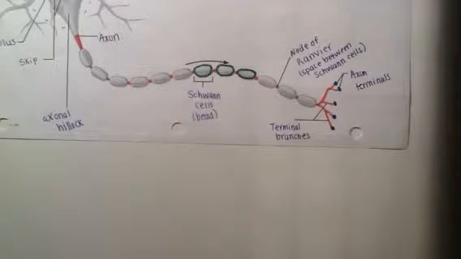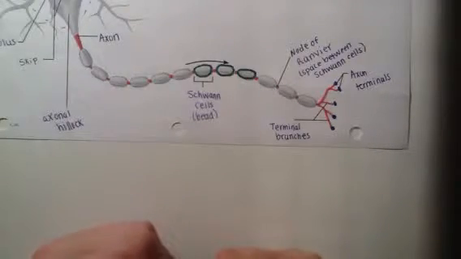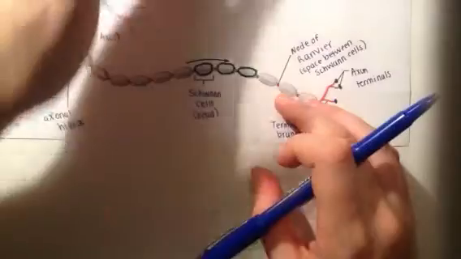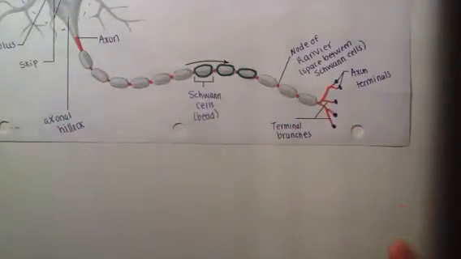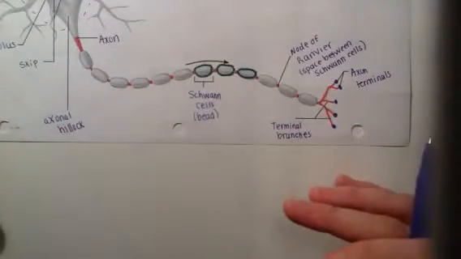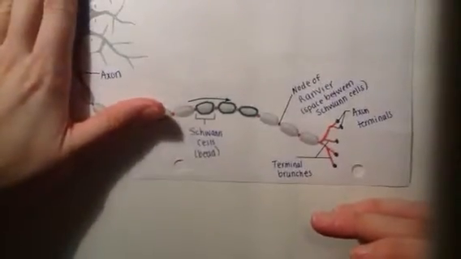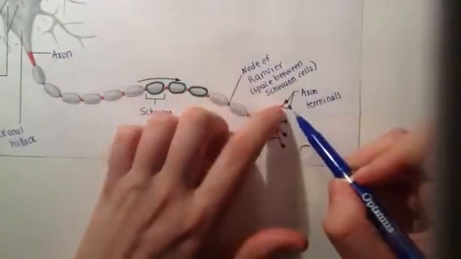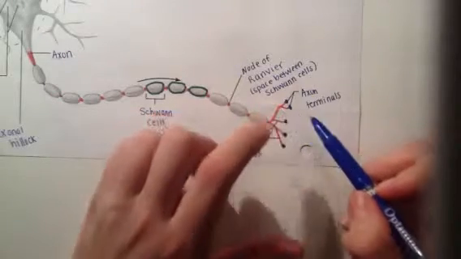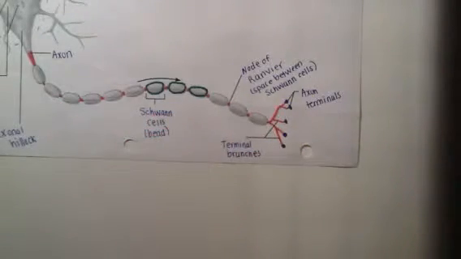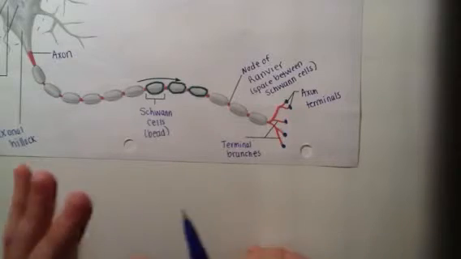If you remember from the muscle unit, when we did the neuromuscular junction and we had the motor neuron traveling to the muscle fiber, that was one of these neurons. That's exactly what I'm talking about here. When we reach the axon terminals, then we're reaching the area where those neurotransmitters got dumped into the synaptic cleft.